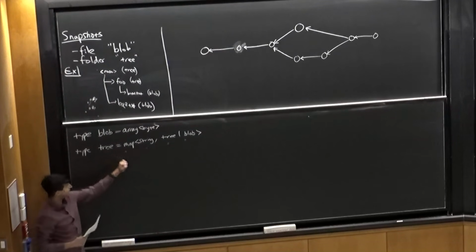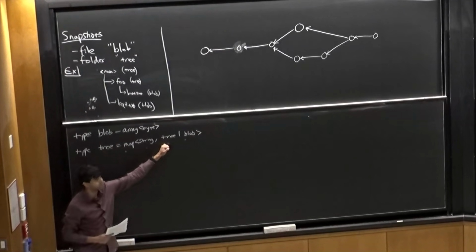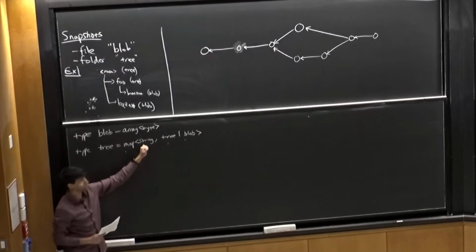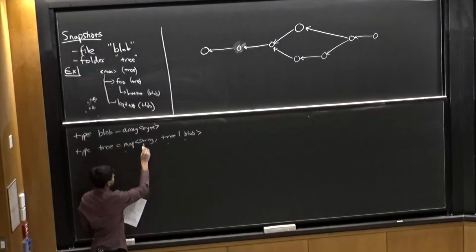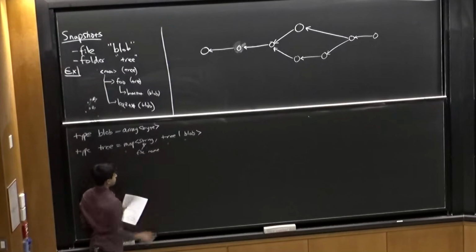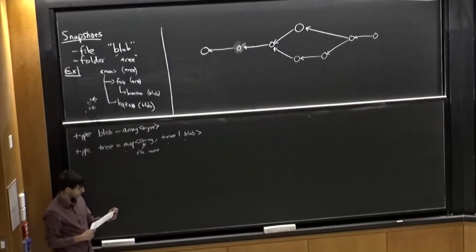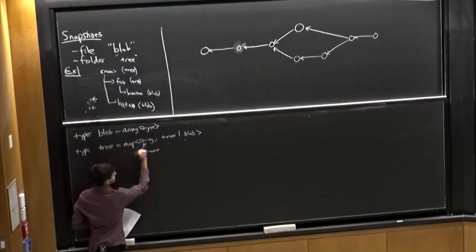So trees can have inside of them as elements either trees or blobs, identified by the file names here. So this is the file name. Or maybe just name is better because it can be a tree too.